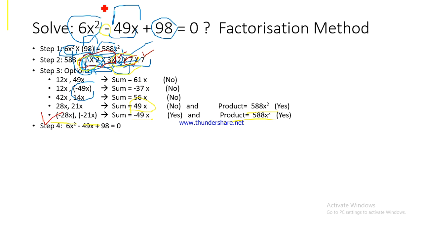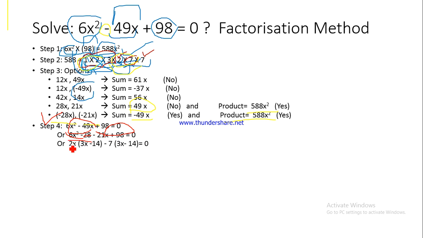The next step would be x square minus 49x plus 98 is equal to 0. We are going to split this middle term in this particular manner, minus 28x and minus 21x. So I do that, and then I club up these two terms and these two terms, and then I take out some common factor.